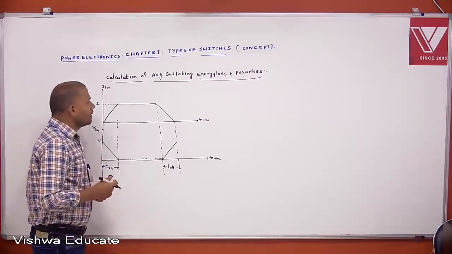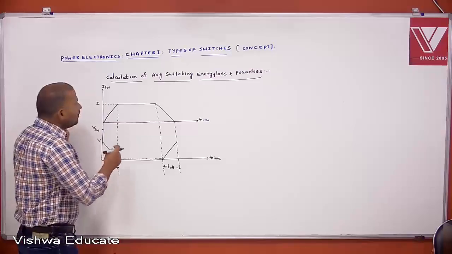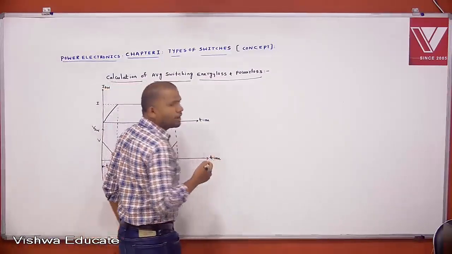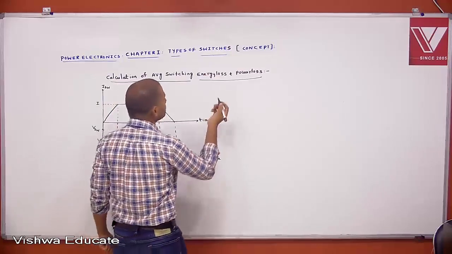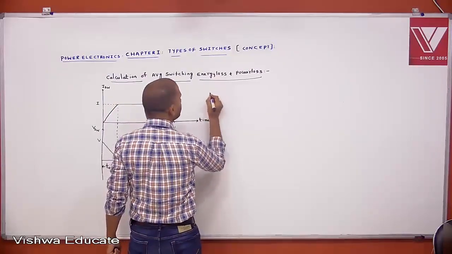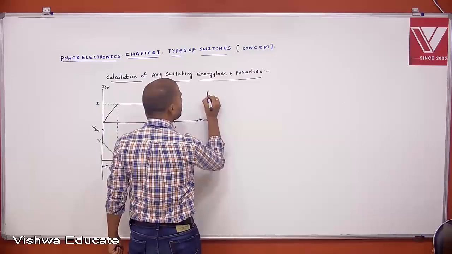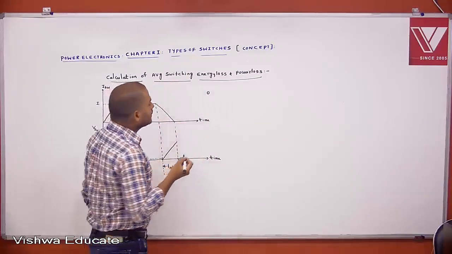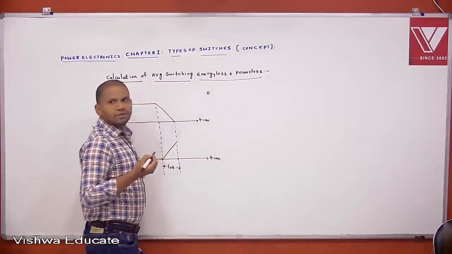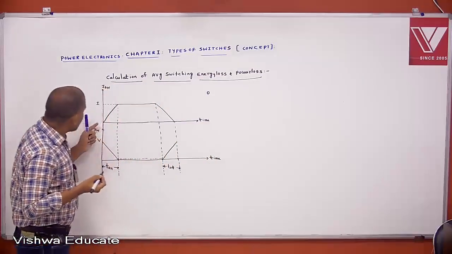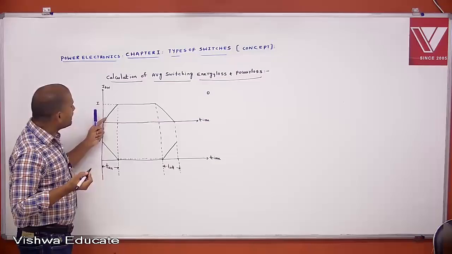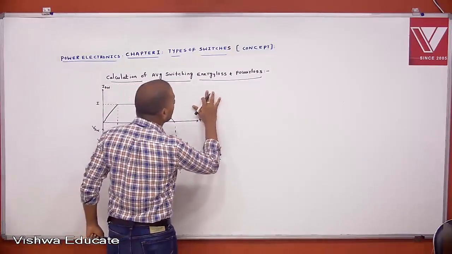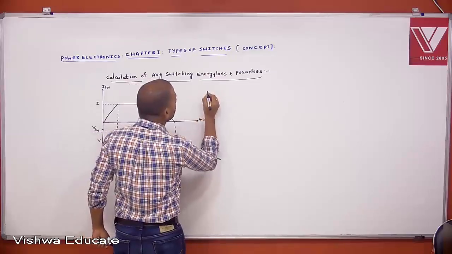Now, first I want to explain calculation of on state switching energy loss. What do you mean by on state? During on state means during turn on.